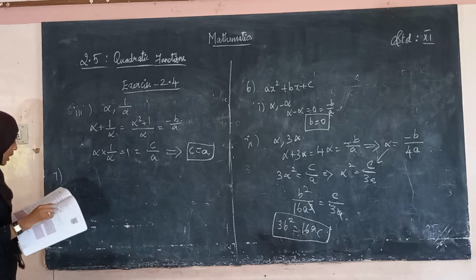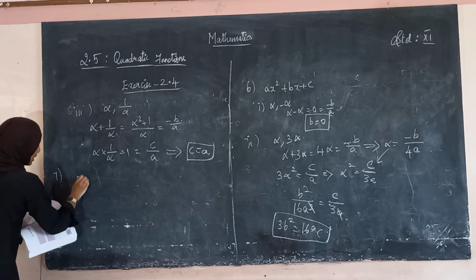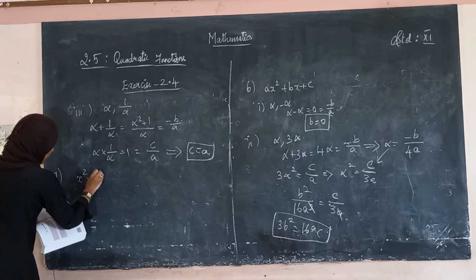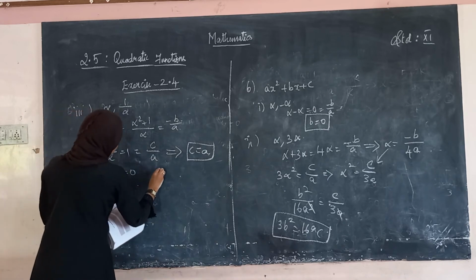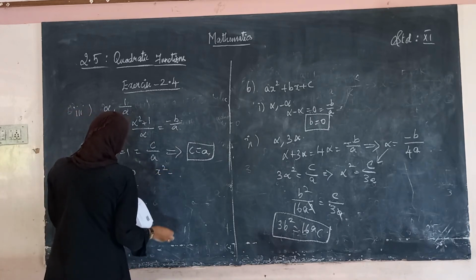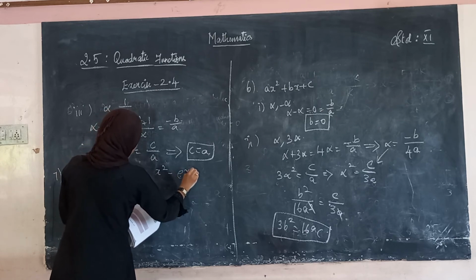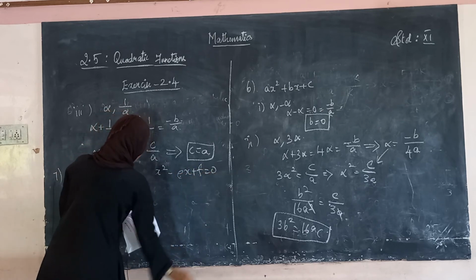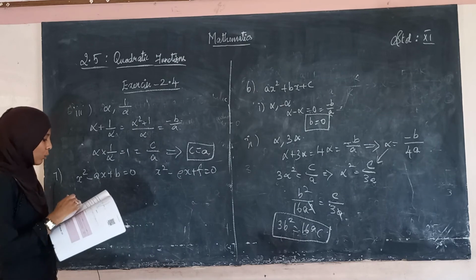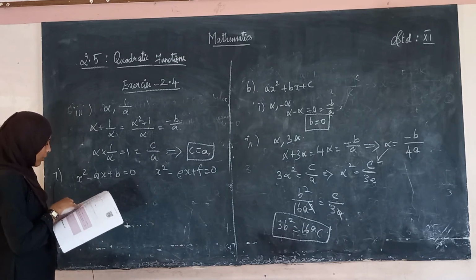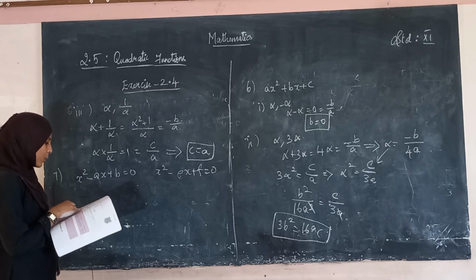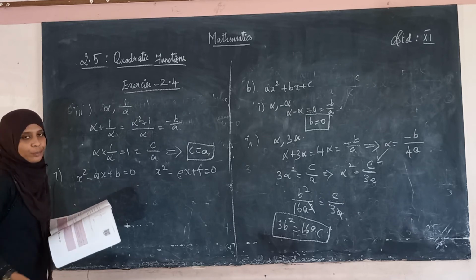Seventh sum: if the equations x square minus ax plus b is equal to 0 and x square minus ex plus f is equal to 0 have one root in common, and if the second equation has equal roots, then prove that ae is equal to 2 into b plus f.